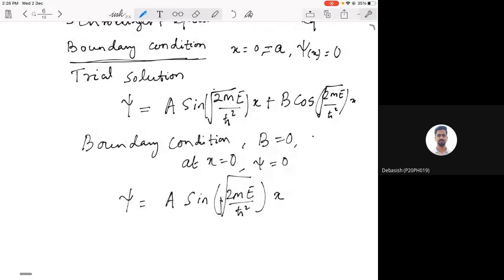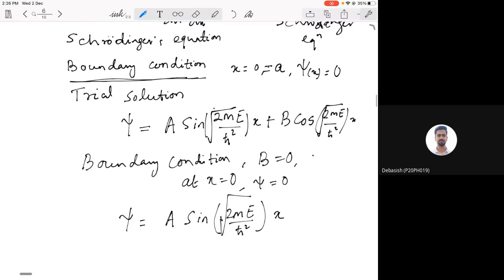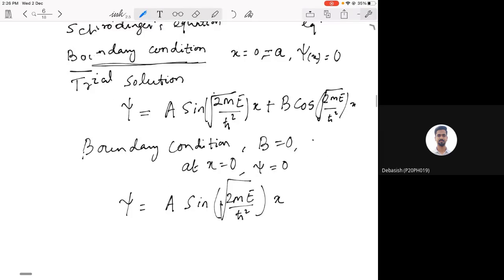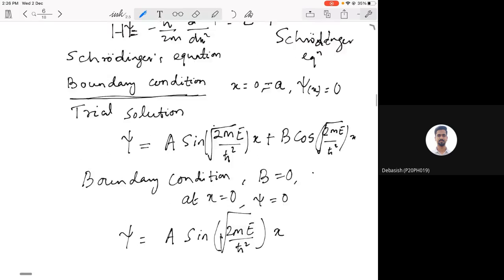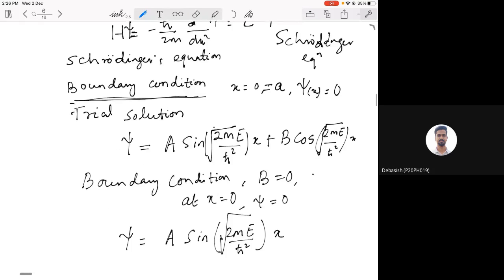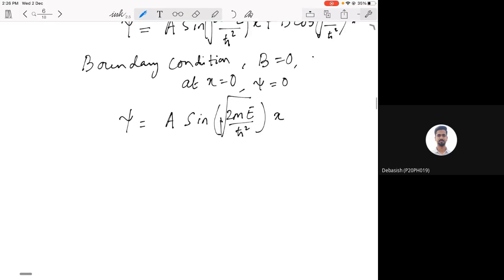If I substitute this psi in this equation, what will I get?